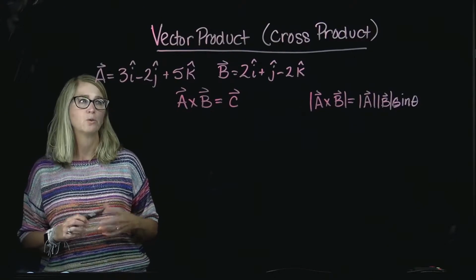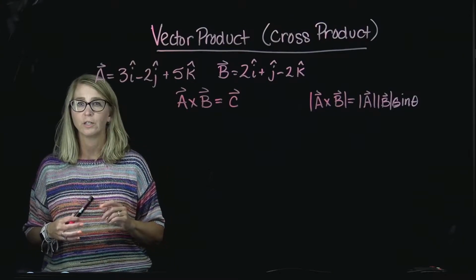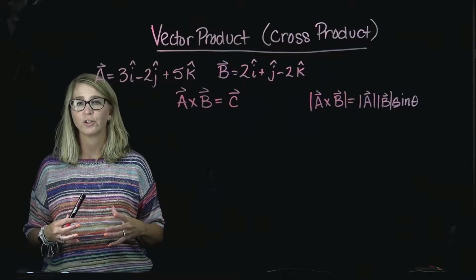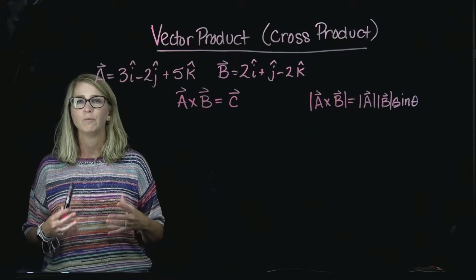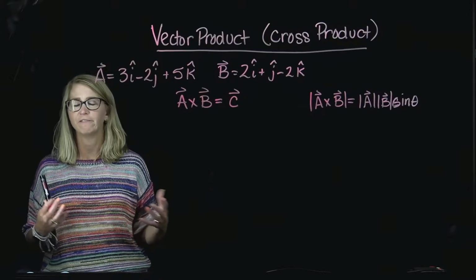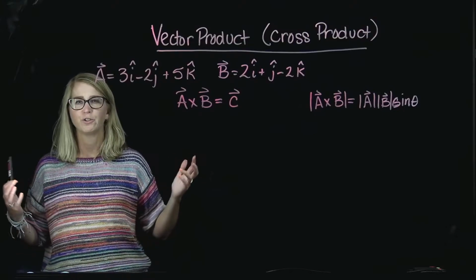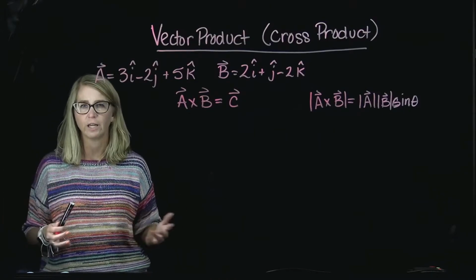What we do is we make a matrix out of the two vectors. It's a 3 by 3 matrix. And the cross product is actually the determinant of that 3 by 3 matrix. You might have played with matrices in some of your math classes. I found as I went through high school and college, matrices would just sort of pop up in different classes and you'd learn a little bit and then you'd let it go.